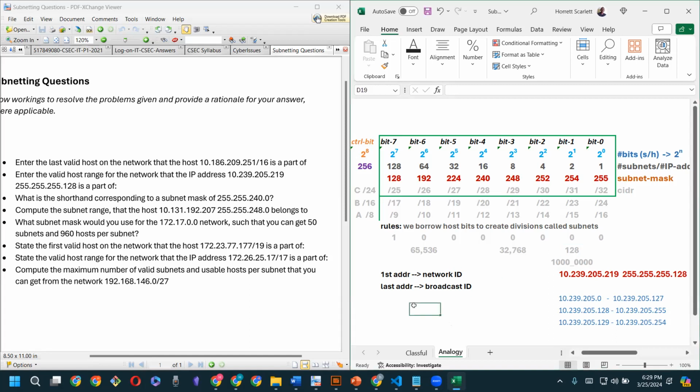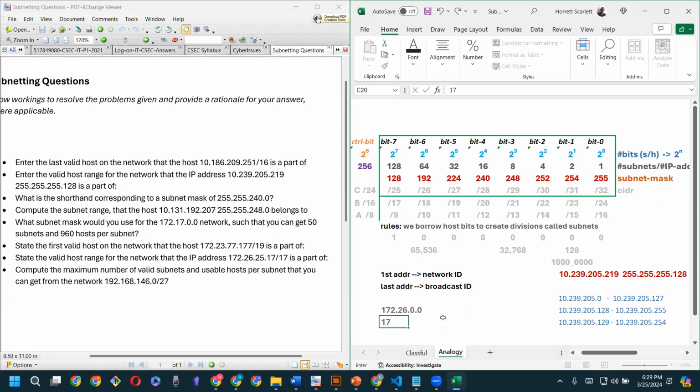In other words, the first one here is going to be 172.26.0.0. That's where the first one is going to start, because remember, we know that the first two octets are going to remain consistent.